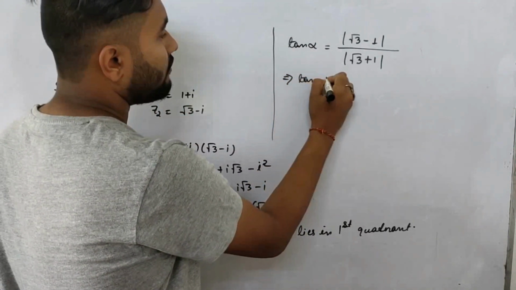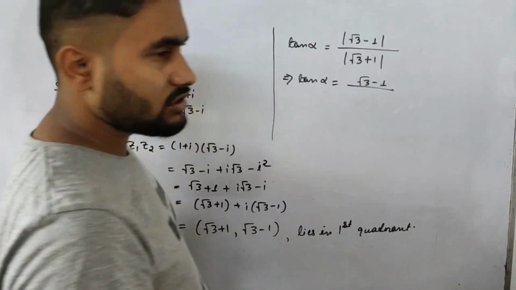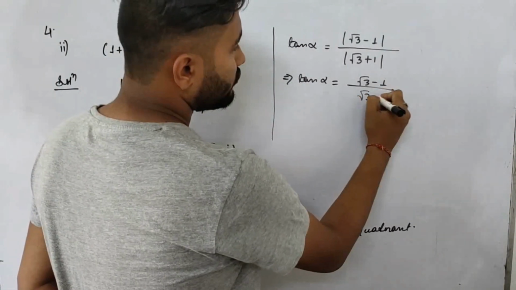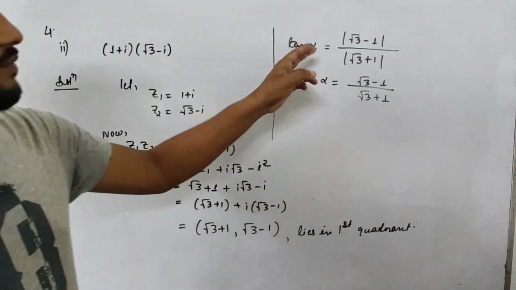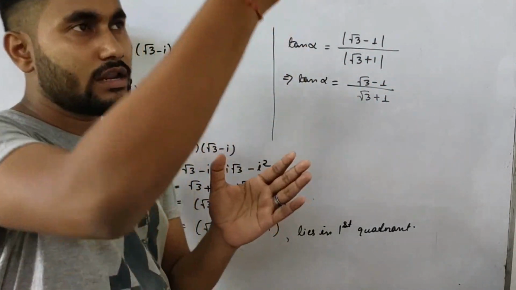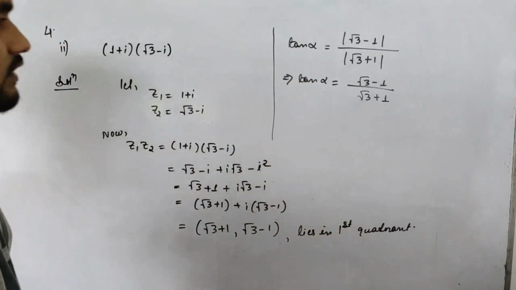What is the modulus of root 3 minus 1? Simply root 3 minus 1, because it is a positive value, and this will become root 3 plus 1.